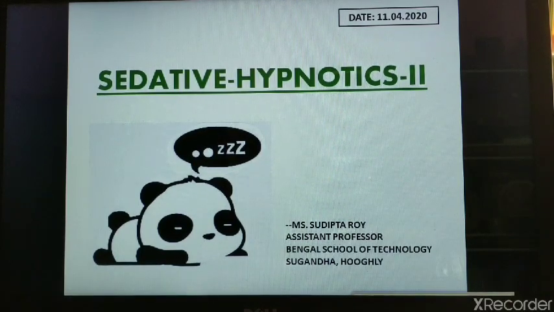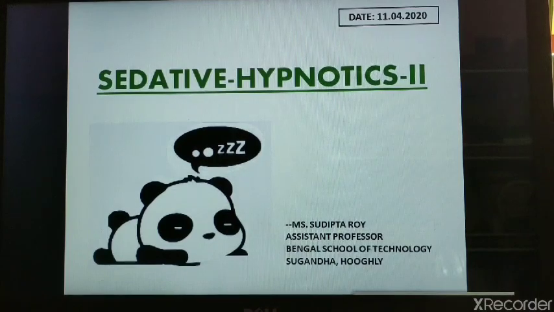Now, NREM sleep consists of 4 stages, stage 1, 2, 3 and 4. Stage 1 is the transition stage between wakefulness and sleep. Stage 2 is regarded as light sleep and is the first stage of true sleep. Stage 3 is a period of moderately deep sleep, and stage 4 is the deepest level of sleep.